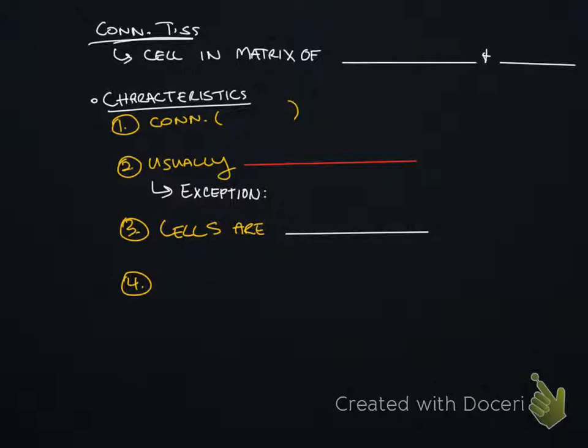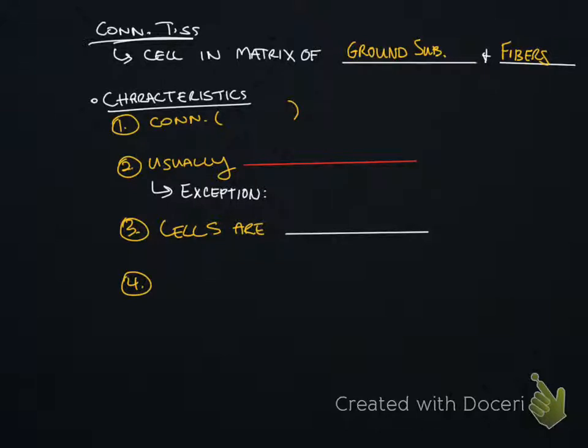Alright, so now let's move on to connective tissue. Connective tissue is defined as cells in a matrix of ground substance and fibers. Whatever the connective tissue is, the ground substance and fibers are called the matrix.